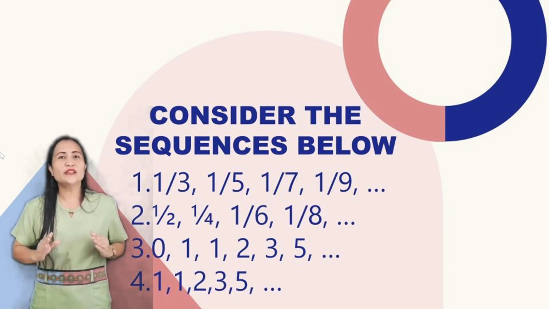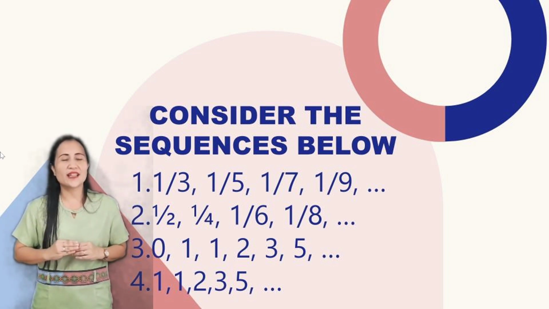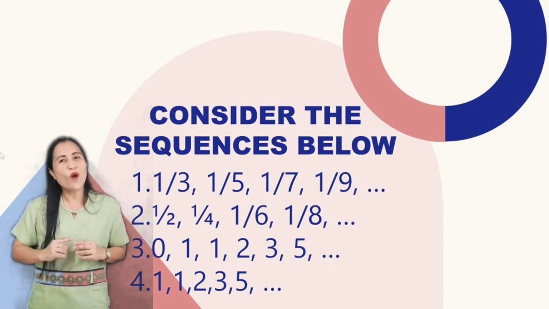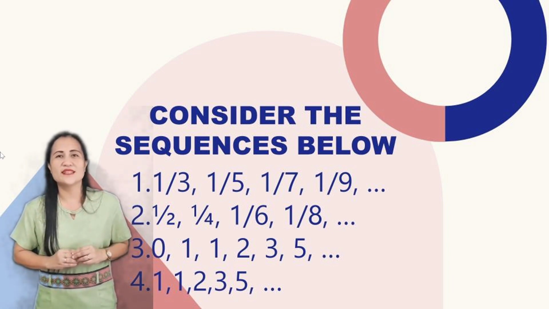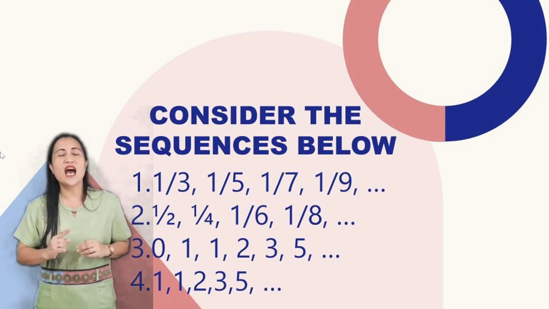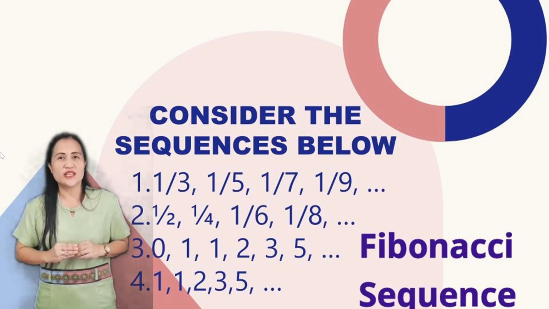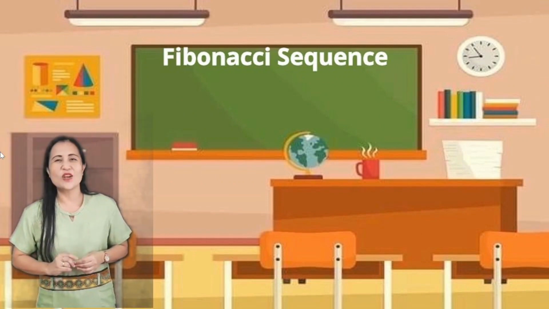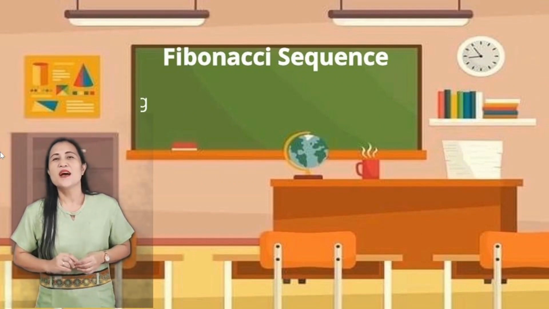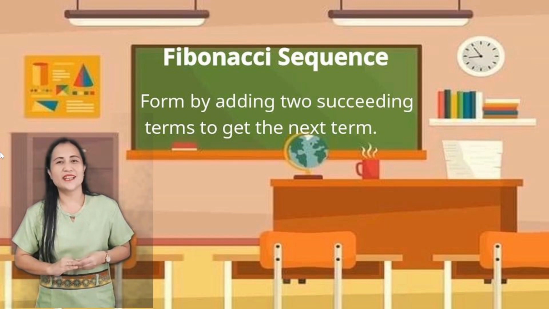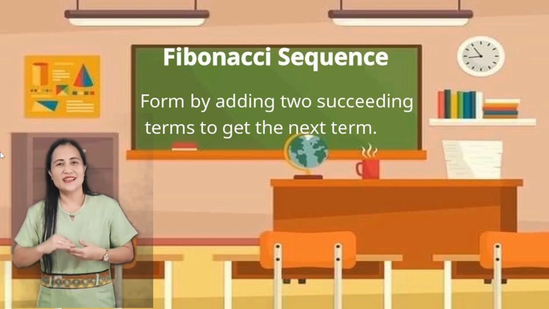We are adding the two succeeding terms to get the next term. And what type of sequence is that? That is what we call the Fibonacci sequence. So a Fibonacci sequence is a sequence formed by adding the two succeeding terms to get the next term.